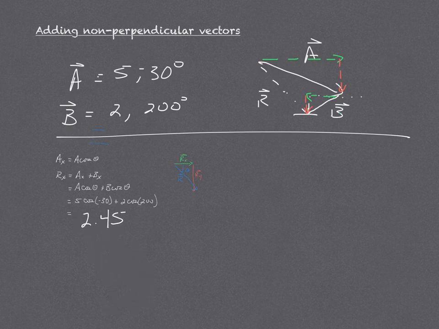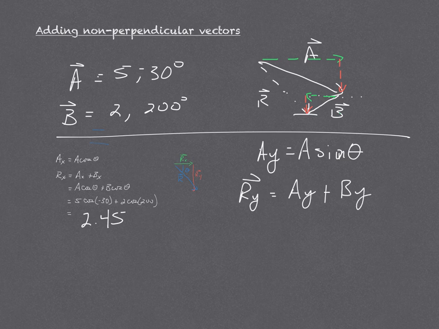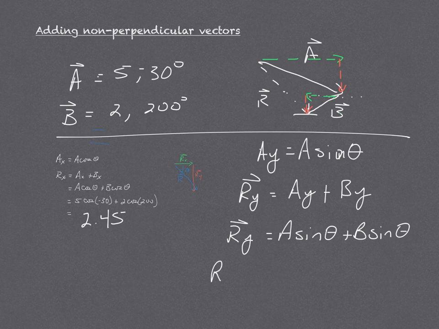To find the y value, we have our y equation is ay is equal to a sine of theta. So to find the resultant y, we just add up ay plus by, which is a times the sine of theta plus b times the sine of theta. Then we can plug in the values.